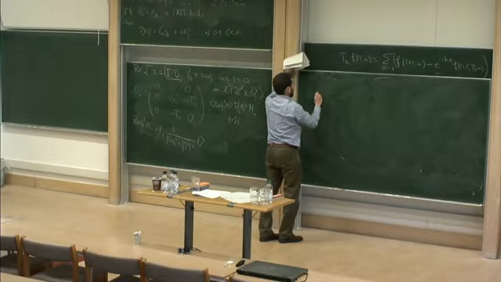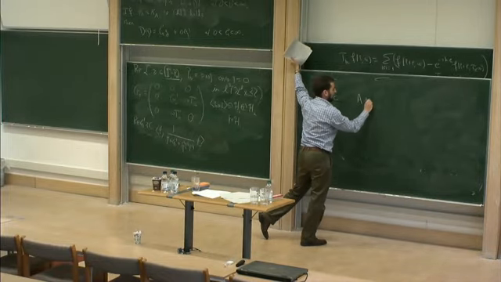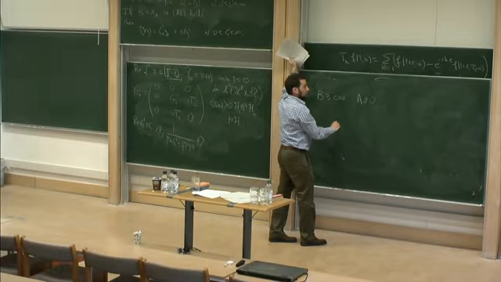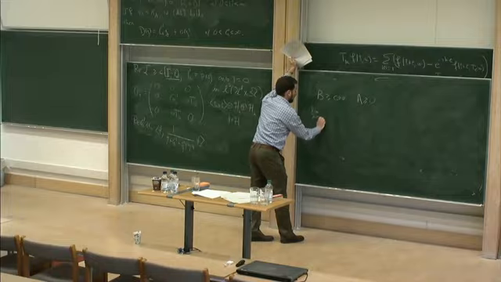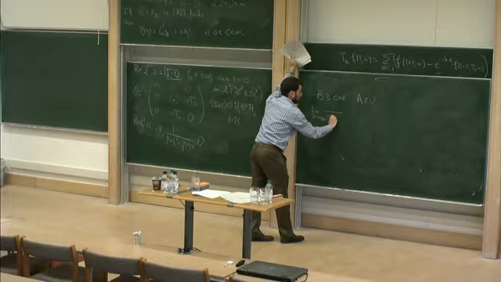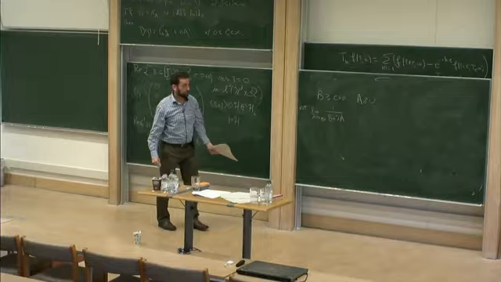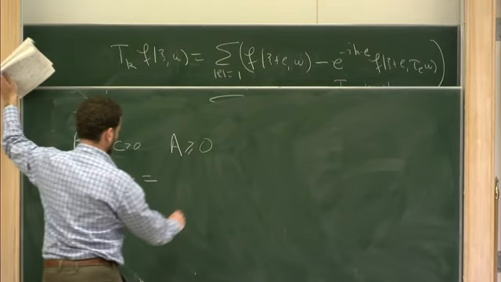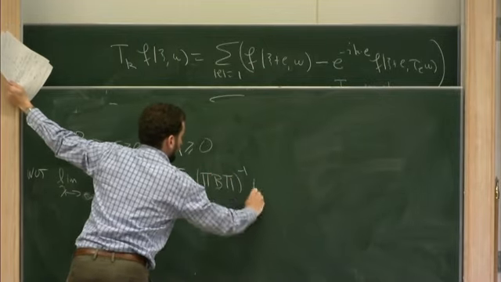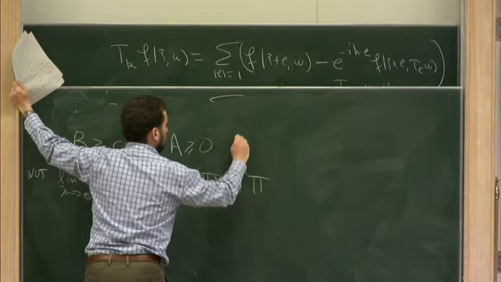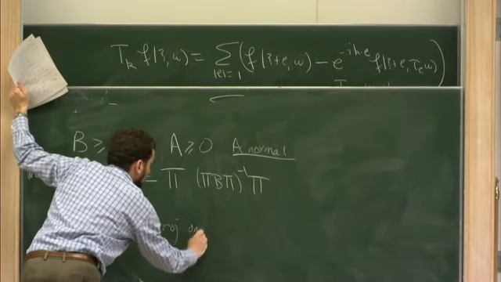So if I have b, which is bigger than or equal to c, and I have a non-negative operator A, and I look at the limit as lambda tends to infinity of the resolvent of b plus lambda A, and actually if you want to be careful, it's the weak operator topology limit, then this is actually equal to something, where pi, I want this guy to be normal, is equal to the projection onto the kernel.